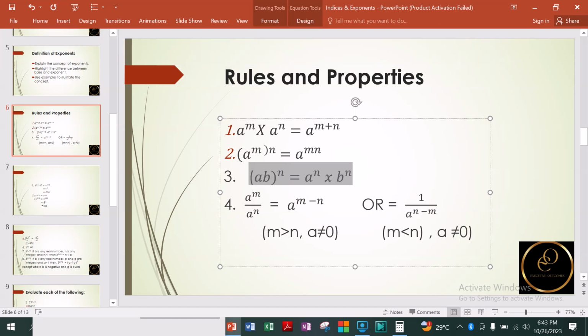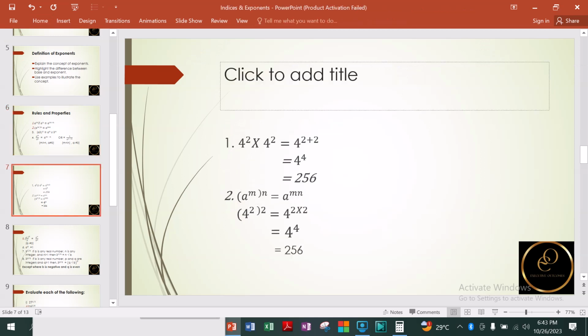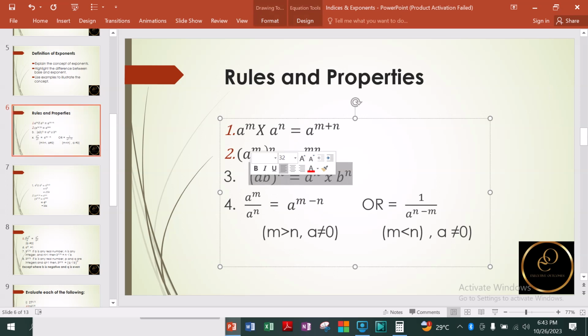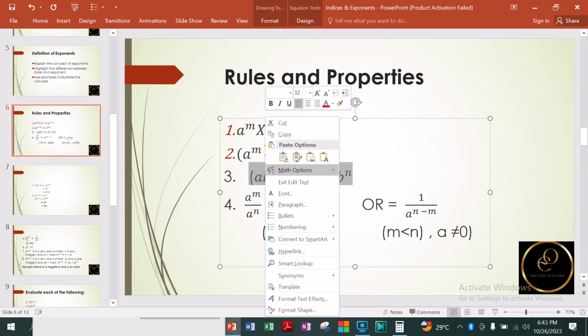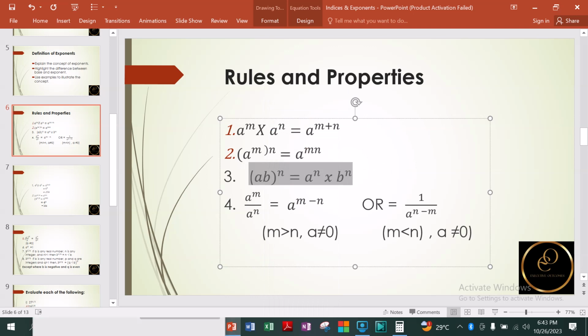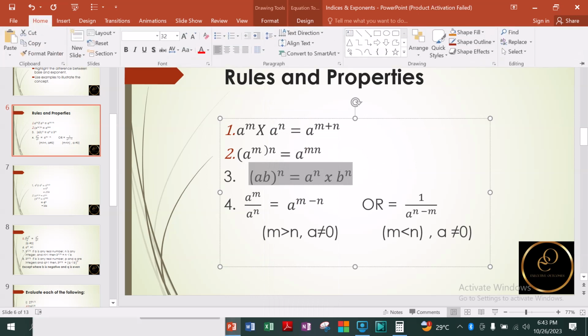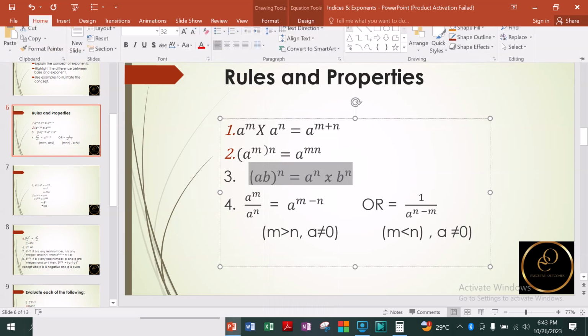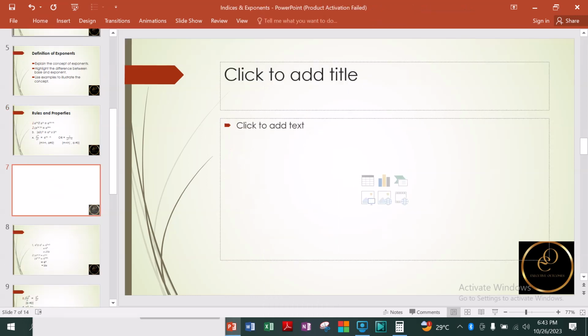Okay, rule number 3, or property number 3. I just want to illustrate how this can be done.